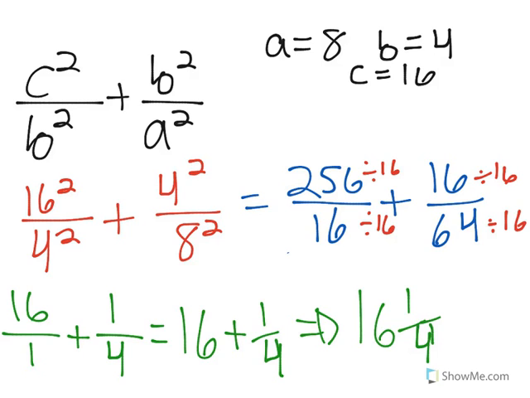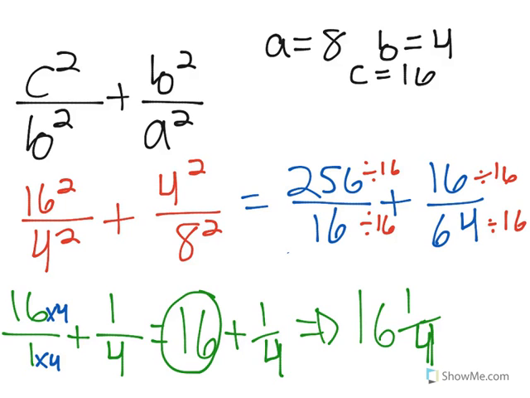In this case, because the left number was a whole number, there was no reason to worry about finding a common denominator or anything. Because if you did all that, you would end up with a rather larger fraction. If you were trying to find common denominators, you would multiply 16 times 4, so the top would turn into 64, and you'd have 65 over 4, but then 65 over 4 would simplify back down to 16 and 1/4.